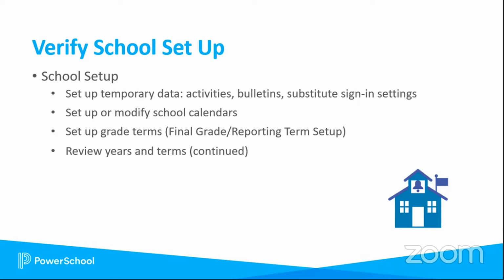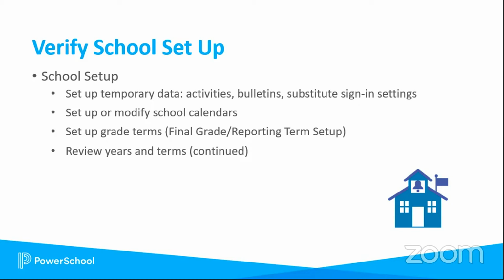So that's a very good place, after your end of year process, to do a review of all of your setup. The things to look for is, you know how many days are in your school year. Is it 180? Is it 170? Whatever the number is, the number of school days you're supposed to have in your calendar.